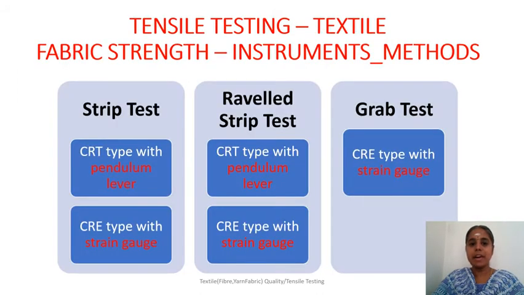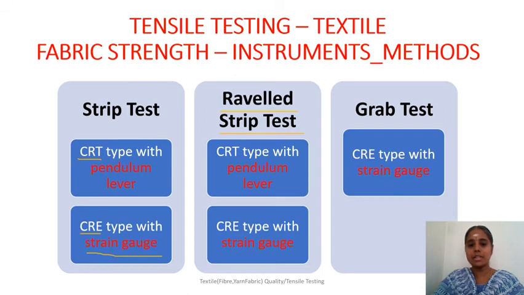Next are the fabric related instruments. For the strip test, we have the pendulum lever instrument, which is behind the CRT principle, and we also have the CRE instrument, which works on the strain gauge principle. Next is the ravel strip test. The same instrument can test a strip or a ravel strip; only the sample is different.